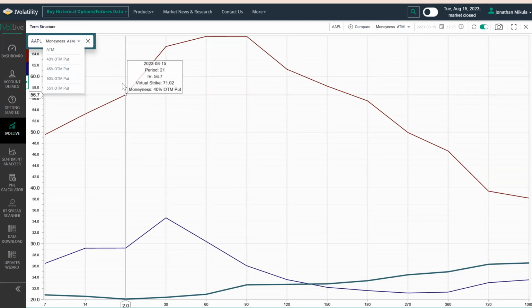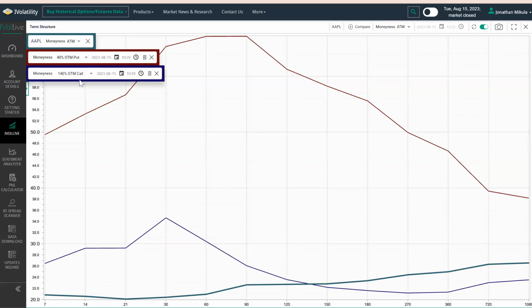So what this tells me here, let's pull our legend, in very simple comparison data points, is implied volatility is lowest at the money. But look what happens when we get out to right around 150 days. So this would be an option expiring in 150 days. What we find is that this 140% out of the money call option, so this would be a virtual strike of, say, $248, has a lower implied volatility than the at the money call.